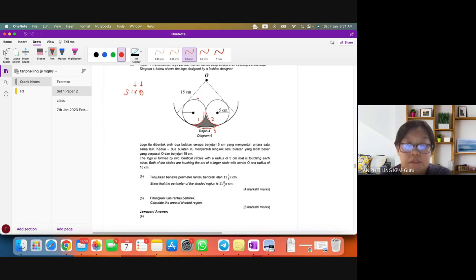Let us try by doing the smaller one. The radian for number 1 and number 2 should be the same because they are identical. We need to find out the theta, which means this arc length should be subtended by this theta angle in the middle.